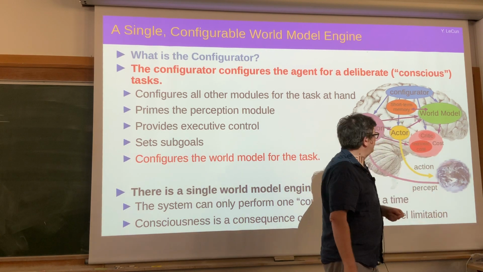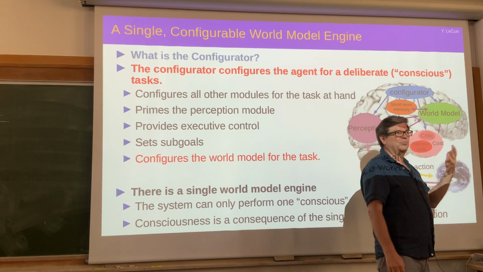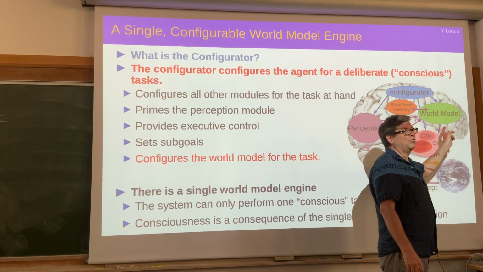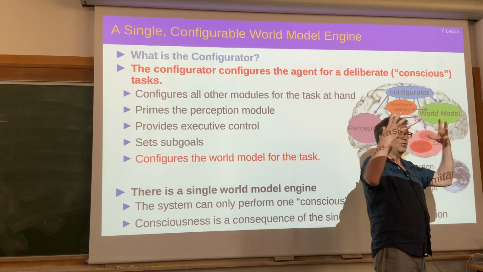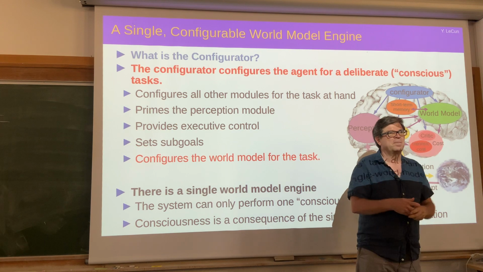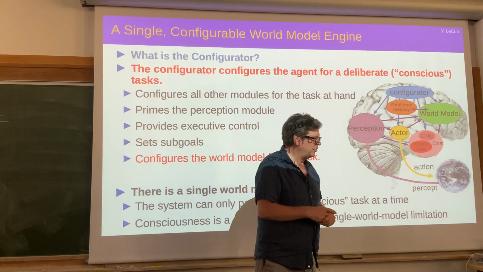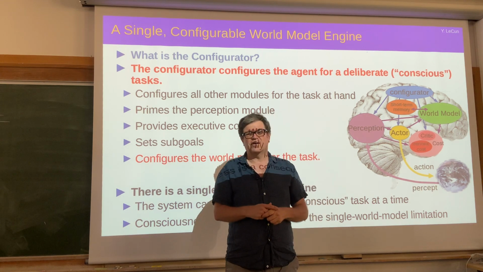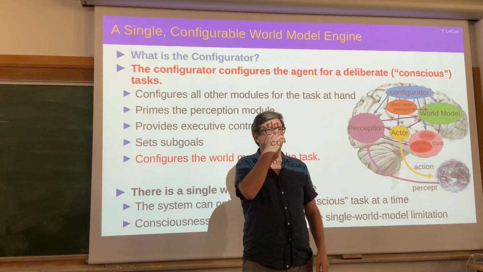And the hypothesis here is that we as humans and animals, we basically only have one of those engines in our head, our prefrontal cortex. We only have one world model, or maybe a couple, but essentially only one. And that would explain why, as humans, we can only focus on a single task at any one time.